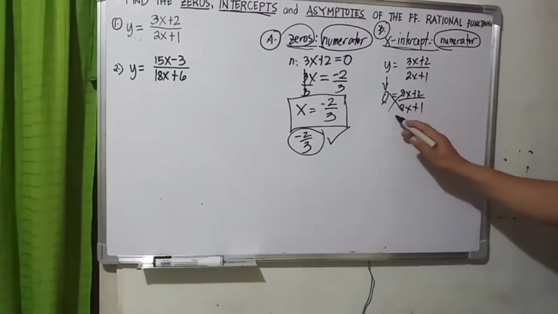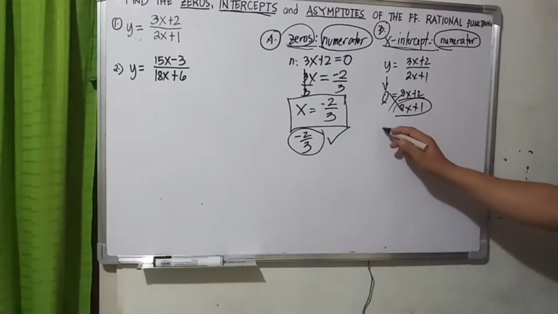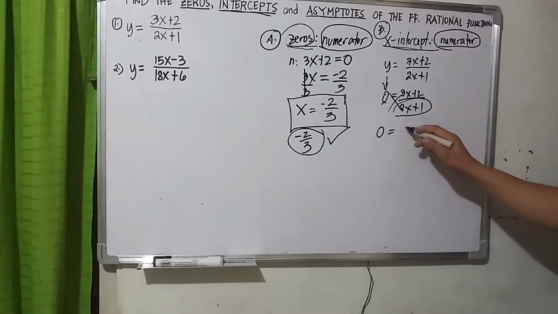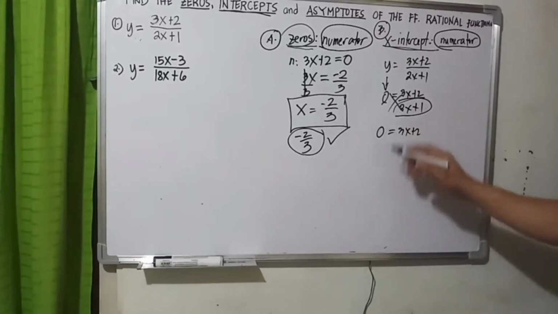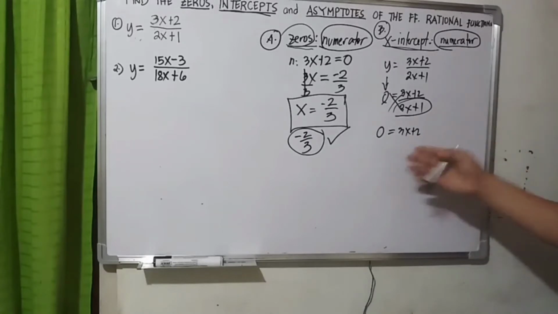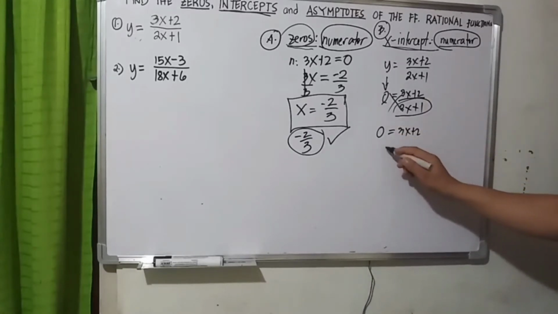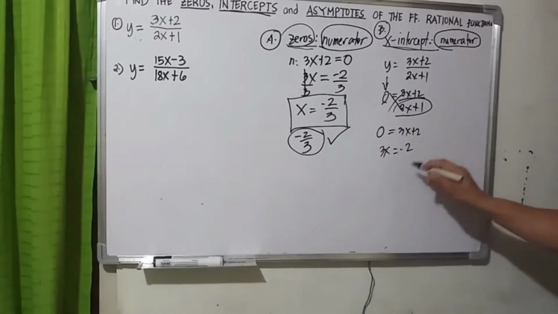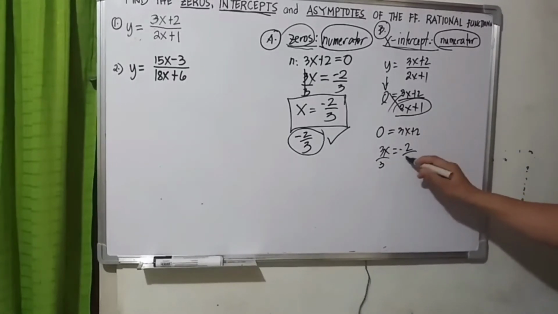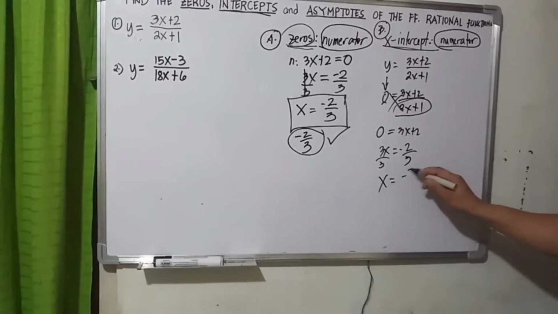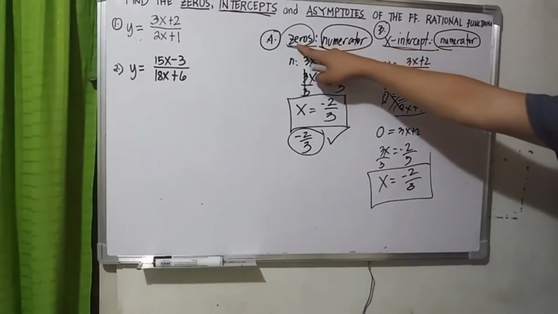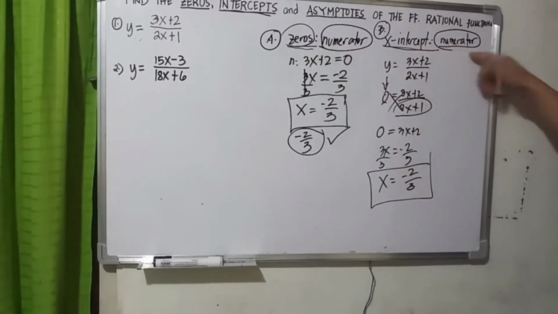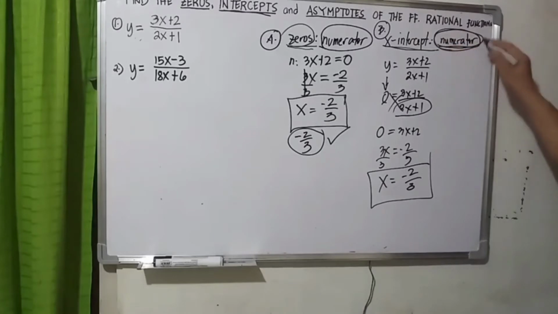So 0 times the value of the denominator, that is 0, equals 3x plus 2. Then i-transpose natin yung positive 2. So magiging 3x equals negative 2, then divide both sides by 3. So that is x equals negative 2 over 3. So the same pa rin yung sagot natin sa zeros and x-intercept kasi naka-base tayo sa numerator.